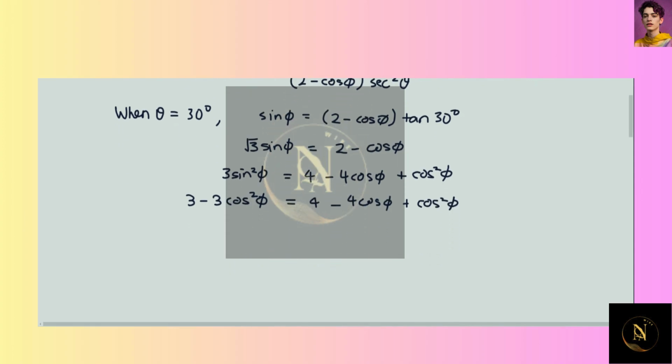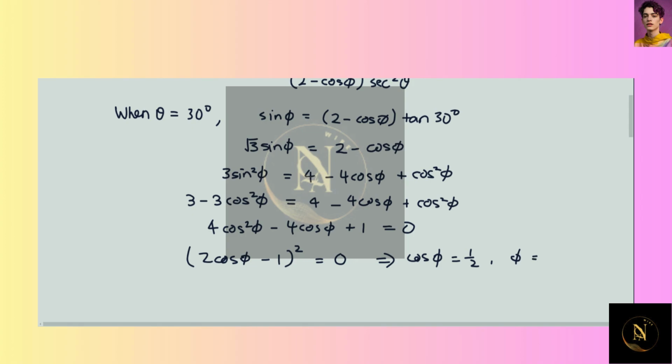Here you get a new equation: 4 cosine square phi minus 4 cosine phi plus 1 equals 0. So you have 2 cosine phi minus 1 squared equals 0, which means cosine phi equals a half, phi equals 60 degrees.